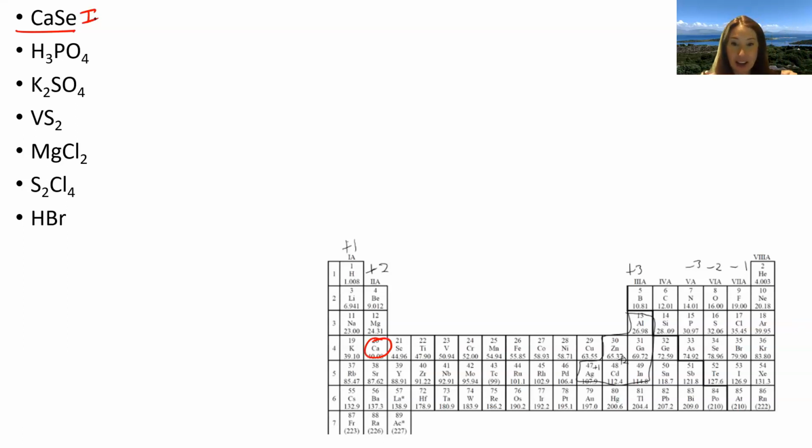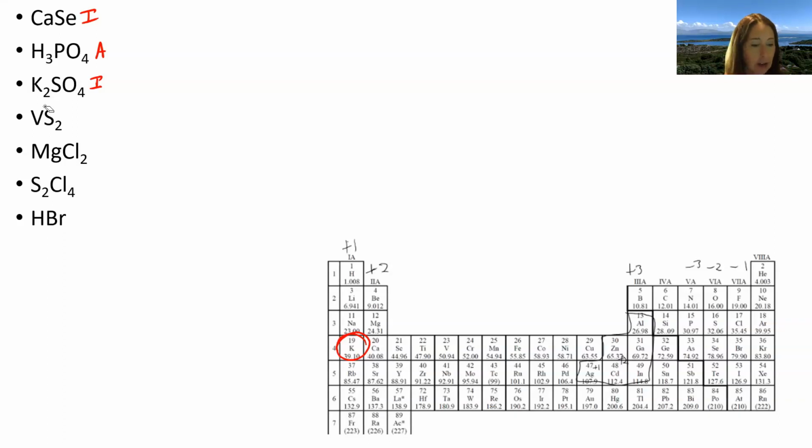Ionic means no dis and tris. Starts with an H? Oh, acid. K, metal, ionic. I suggest you do this because your brain can only do so much, your hands have to do some work too. Write what it is so you remember how to name it.